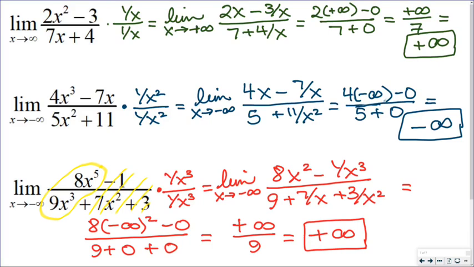If x is approaching negative infinity, then x to the 5th is going to give you a very large negative number in the numerator. And then x cubed is going to give you a very large negative number in the denominator, and that fraction, the result will be positive. Hence, the limit equals positive infinity. You would not be asked to find the horizontal asymptote in a calculus class in these three situations.